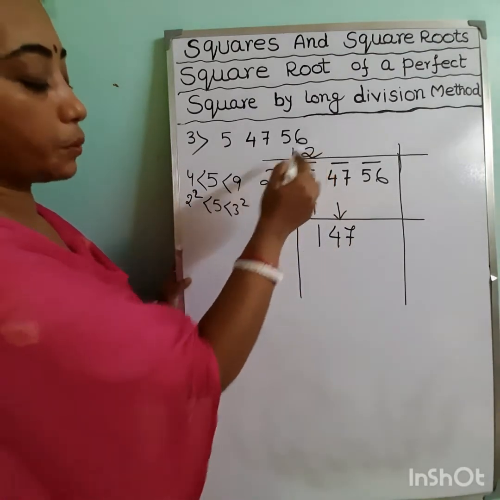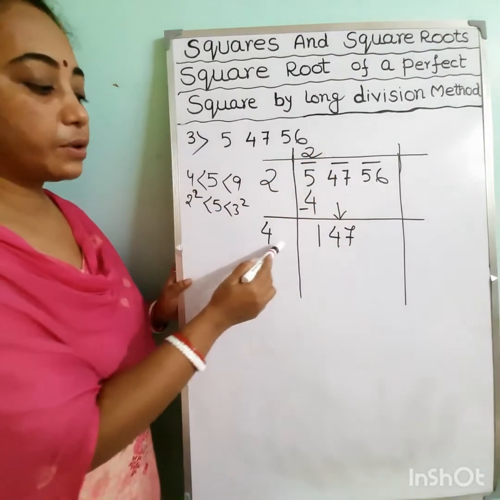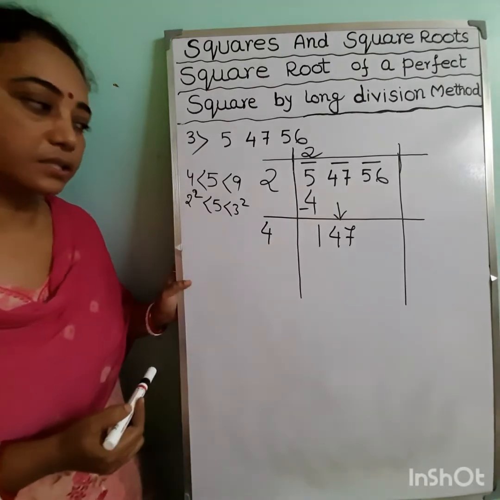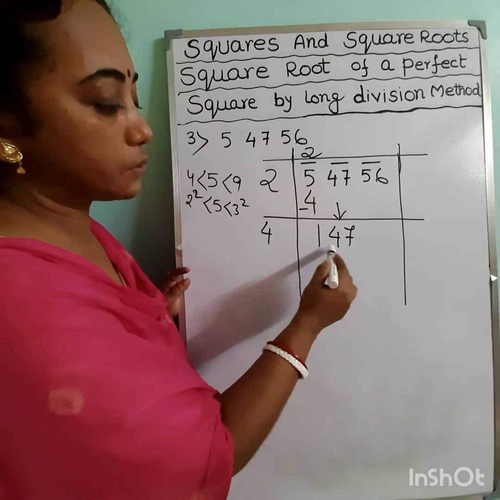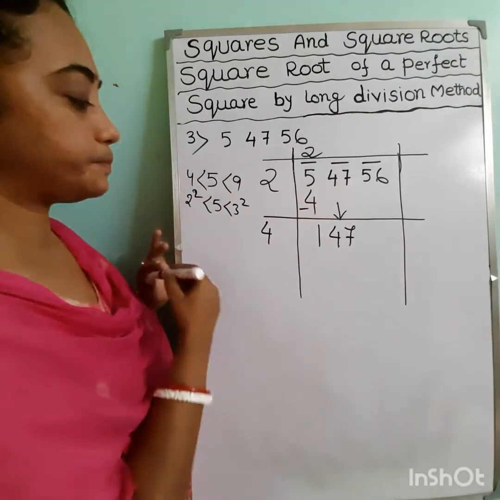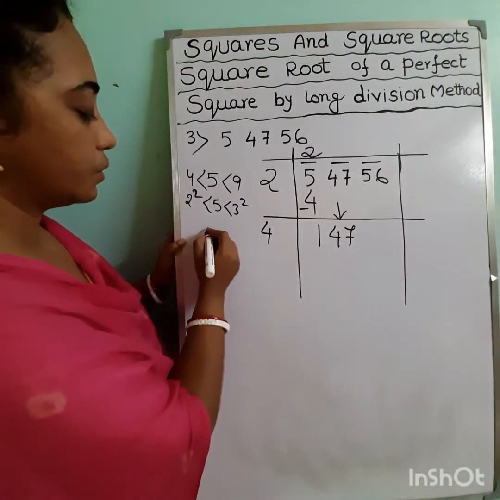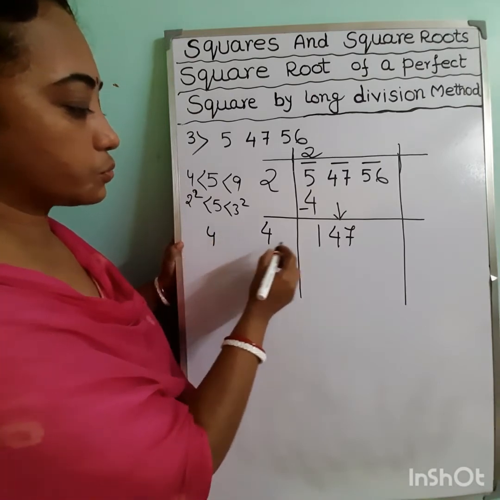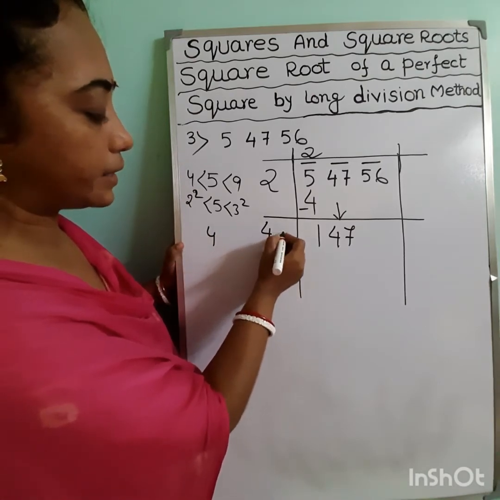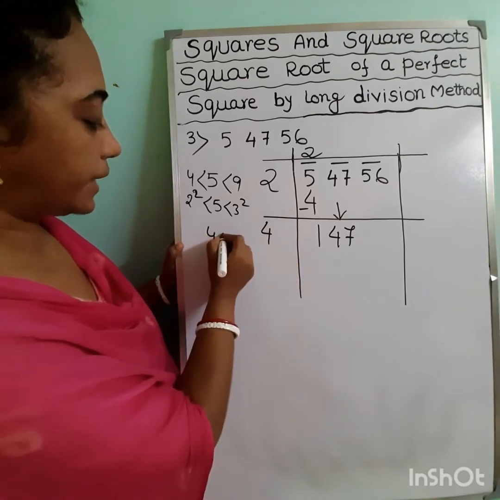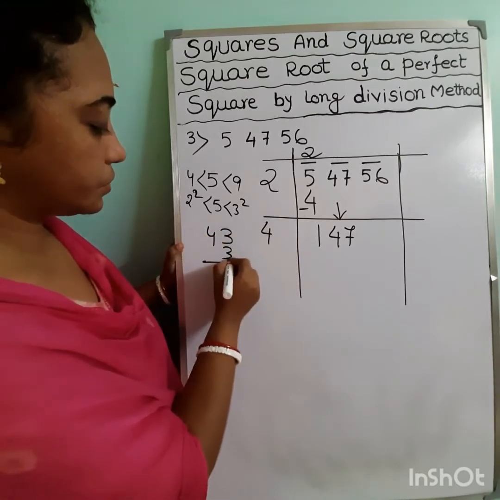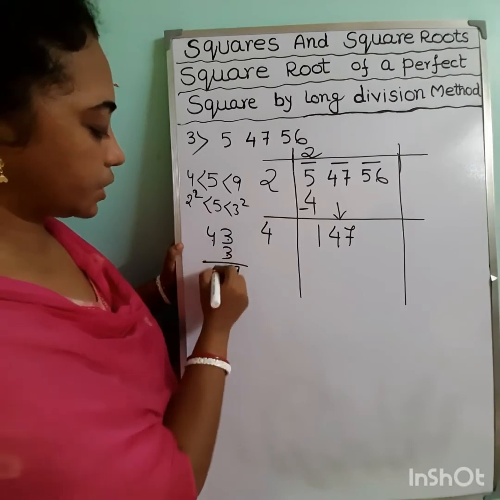Then we bring down the next pair, 4, 7. Now we double the quotient, it is coming 4. Then we have to think of the digit which is to be placed on the right side of the new divisor, and 147 is now the new dividend. So we find which number is very close to this. Suppose 3: 3 3s are 9 and 3 4s are 12.